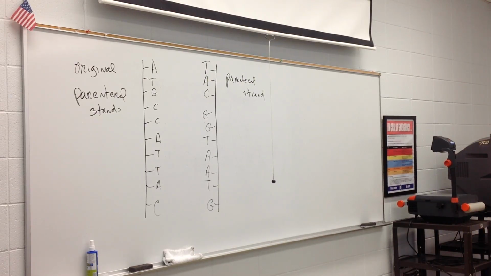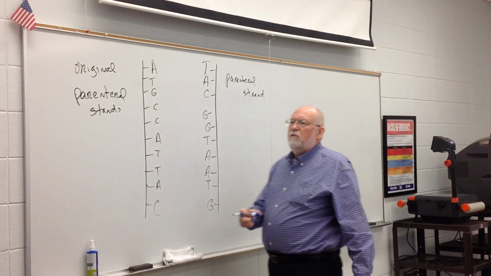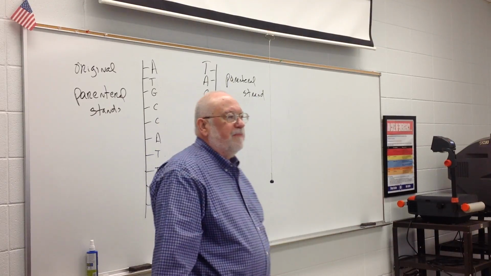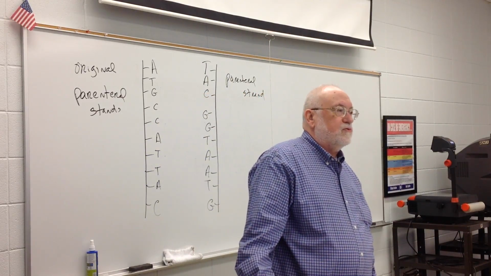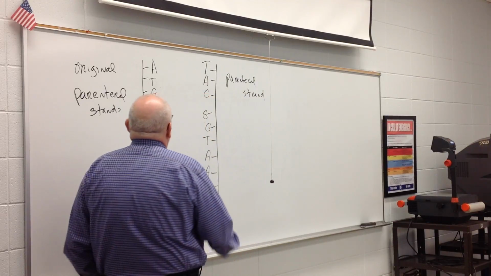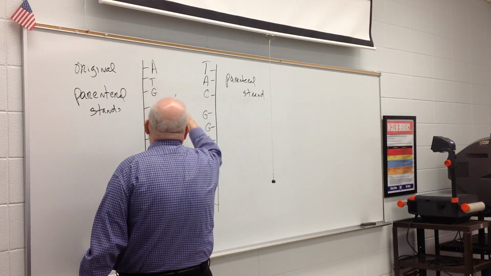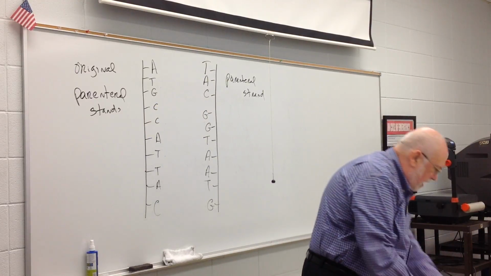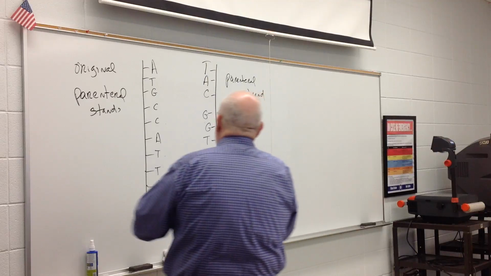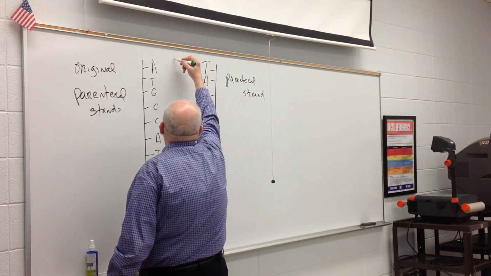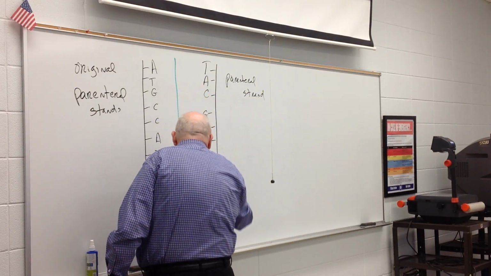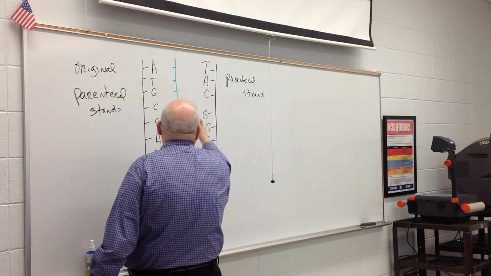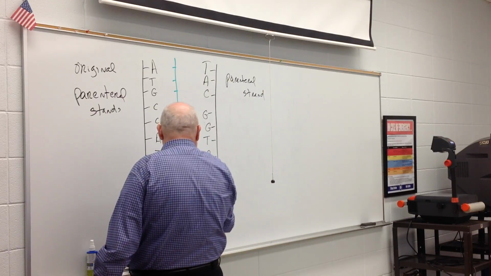Now, what are we going to do? Well, we're going to start synthesizing a new strand that's complementary to each of these. In fact, we're going to need two new strands, and they're going to be based on the pattern that you see right here. So, I don't want to use blue, better switch to green. All right, so let's suppose over here, there's my sugar phosphate backbone, even though it's got a nucleotide at the time.